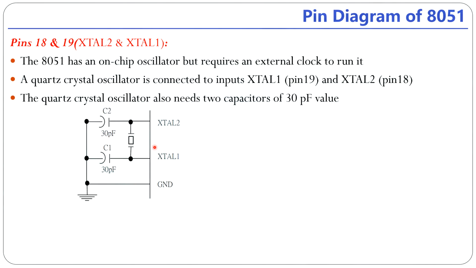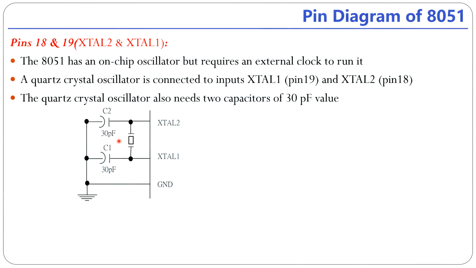First of all, we see here XTAL2, which is pin number 18, and this one, pin number 19. Pins 18 and 19 are connected in parallel to the crystal oscillator.